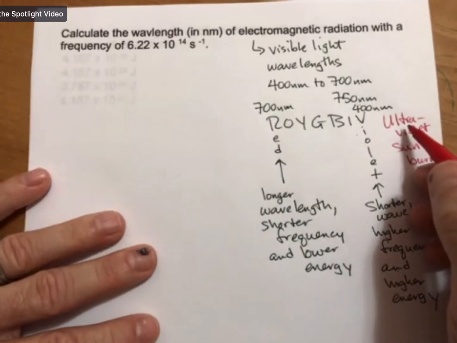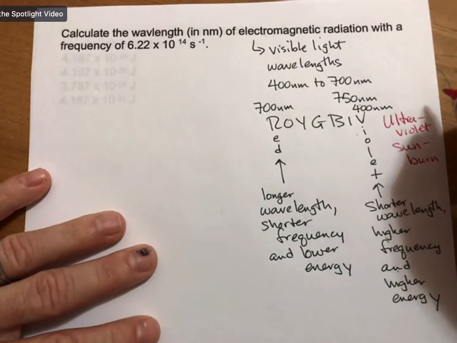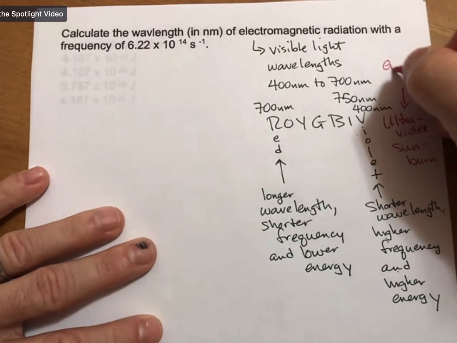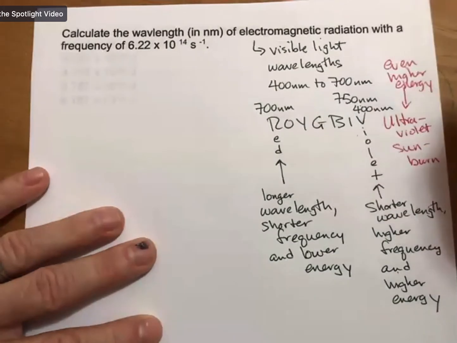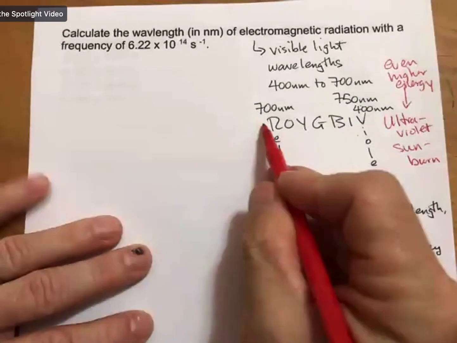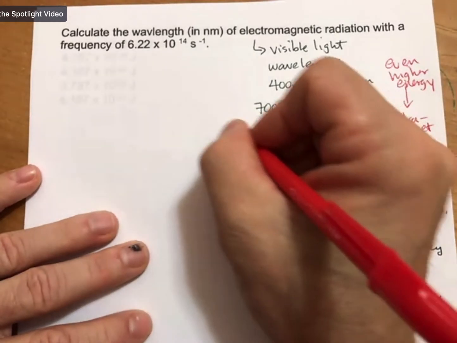And sunburn is caused because the ultraviolet is even higher energy. And on the other side, at longer wavelengths than 700 nanometers, is infrared.